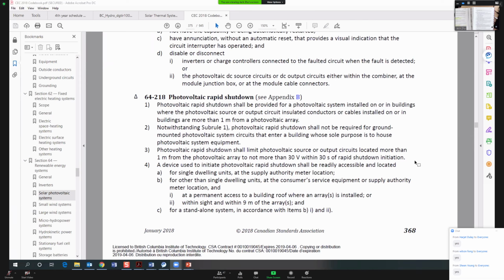That's why within 30 seconds you can cut down the voltage to below 30 volts. So that's a safe voltage to handle. This is a very important rule for the rapid shutdown. If you get this wrong, you're going to get hurt really bad.